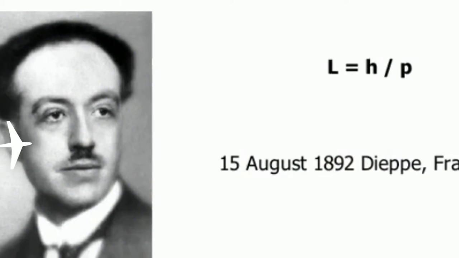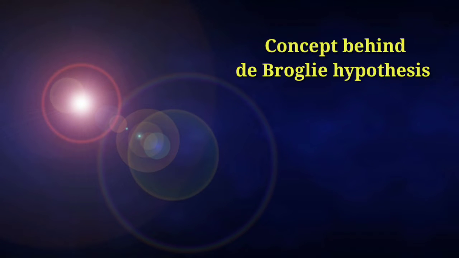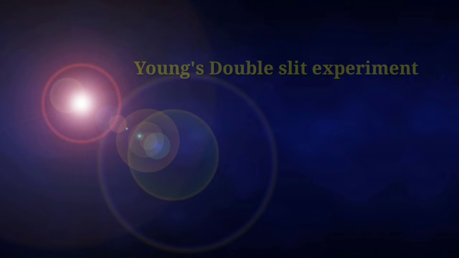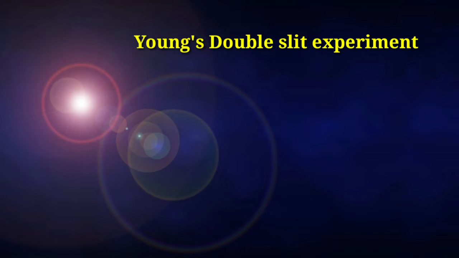To understand the concept of the de Broglie wavelength, we have to recall the basic history. As we know, in 1801, Young introduced the wave nature of light by performing the double slit experiment.